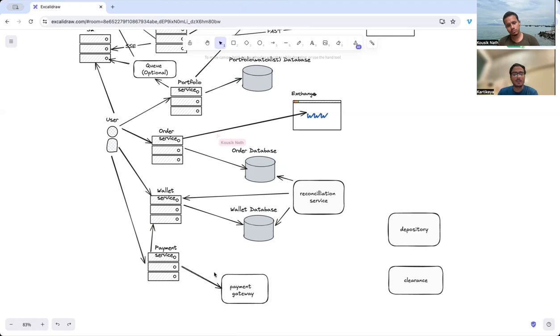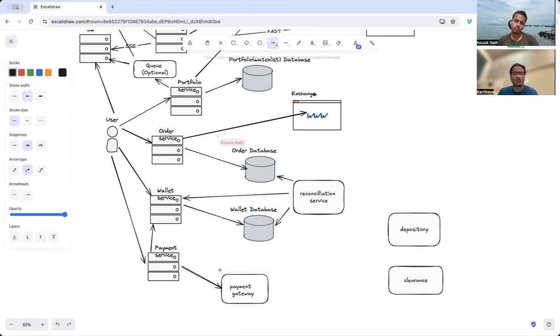Once the payment is done, the payment gateway provides the response to the payment service, which is usually through a webhook. So let me add a diagram here. The payment gateway calls the webhook of the payment service and sends a success response that this much money was successfully transferred from the user's account.